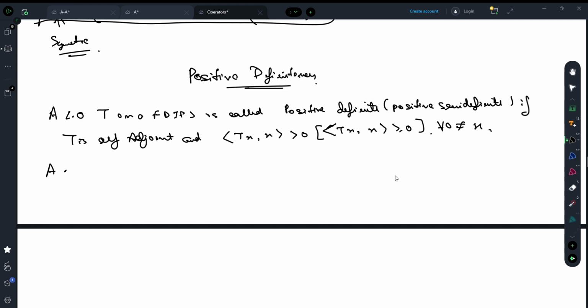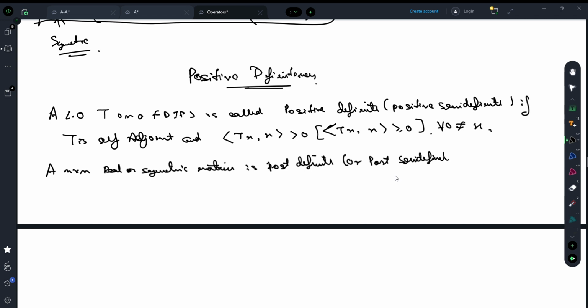Okay, so an n cross n real symmetric matrix A is positive definite or positive semi-definite if the linear operator induced by A is so.